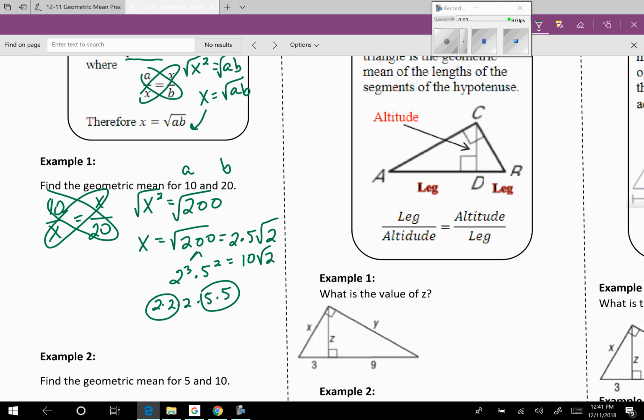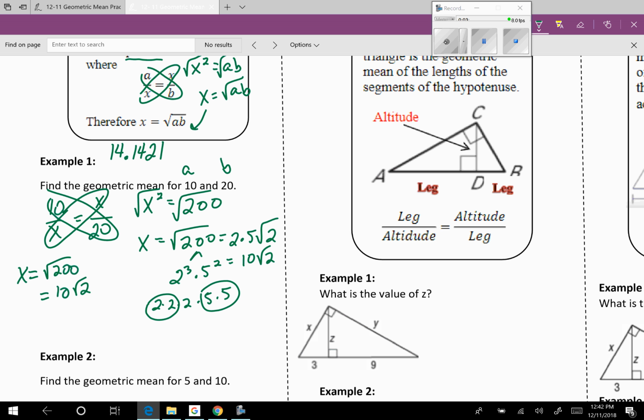Now I also want you to get this as a decimal form. So we have x is equal to the square root of 200, which we said is 10 square root of 2. Now I want you to go in your calculator, do Control and then the x squared button, and find the actual square root of 200. And you get 14.1421.